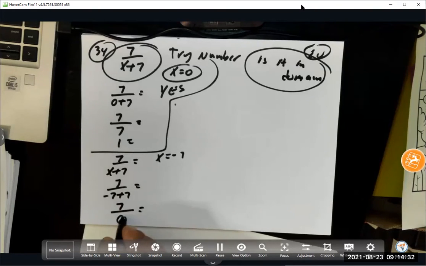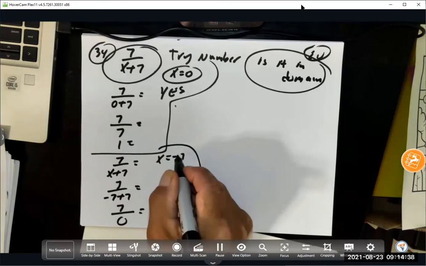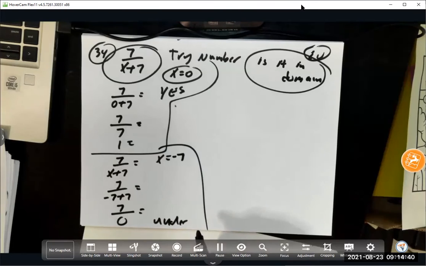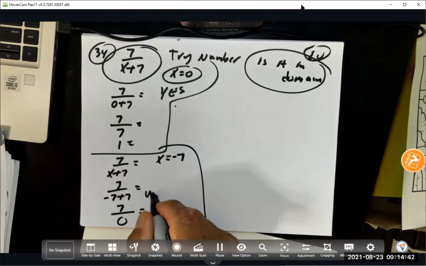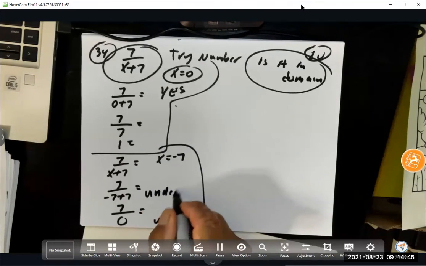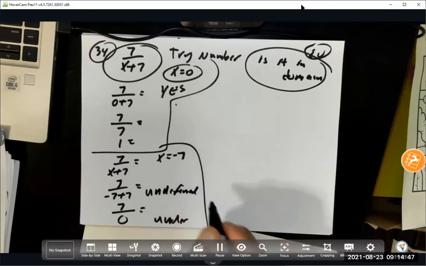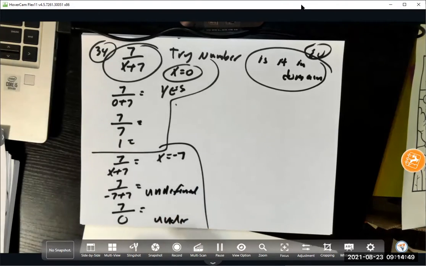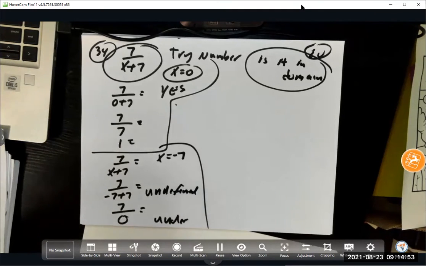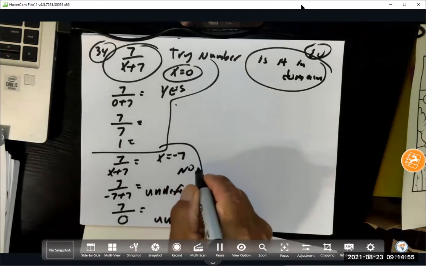All right, I have 0 underneath. If 0 is underneath the fraction, what do you call it? Undefined, yes. We did that earlier. So if you get 0 on the bottom like this, it's undefined. It doesn't work. The answer is no, that one doesn't work.